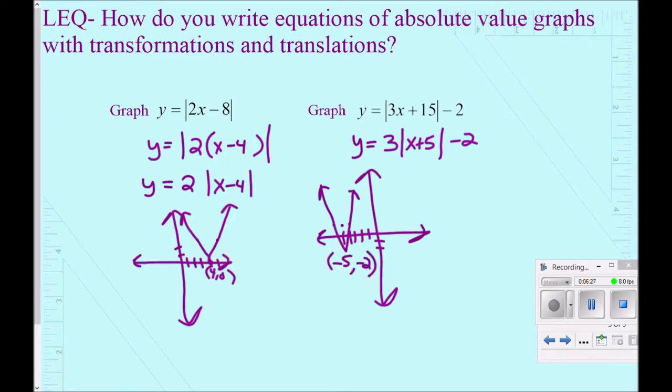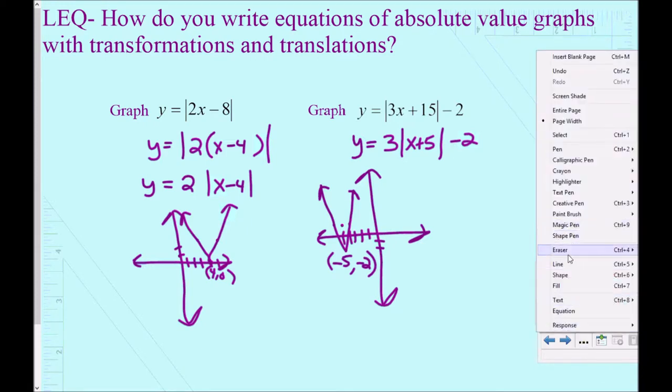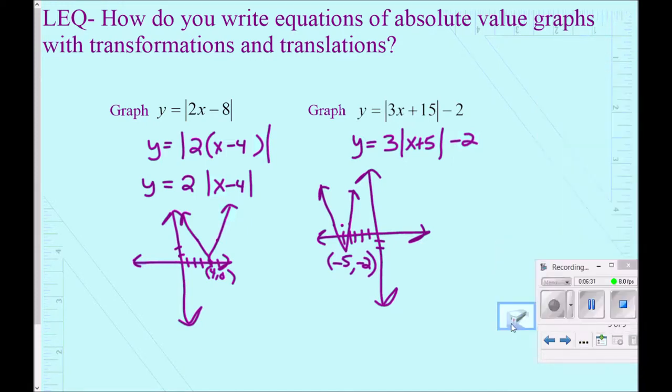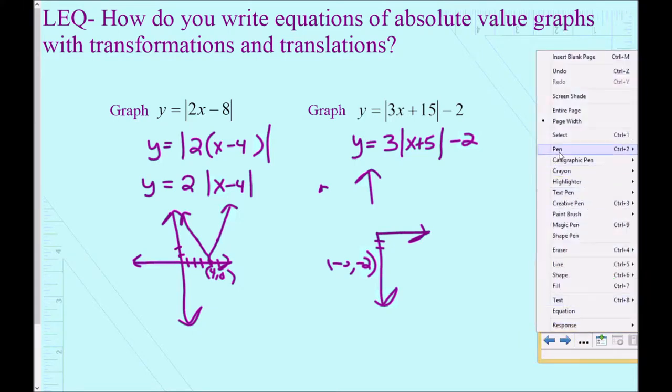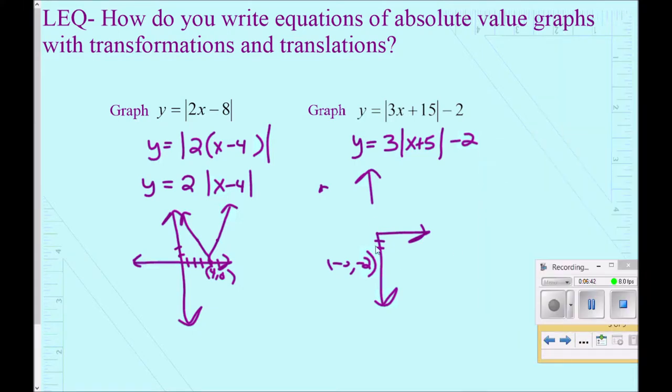Okay, and I can just get rid of that extra point there. Oops. All right, well, let's try that again. I guess I have to redo some of my graph because I just erased half of it. Oh my goodness.